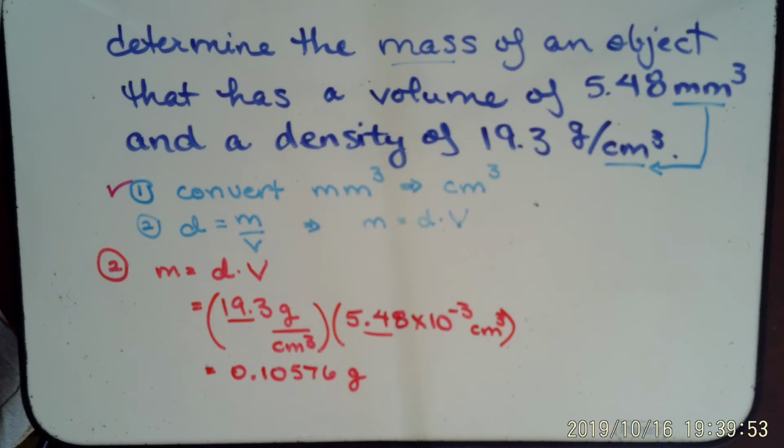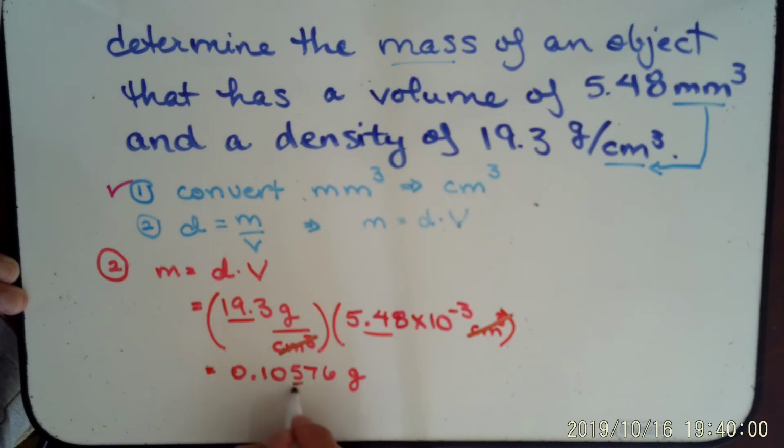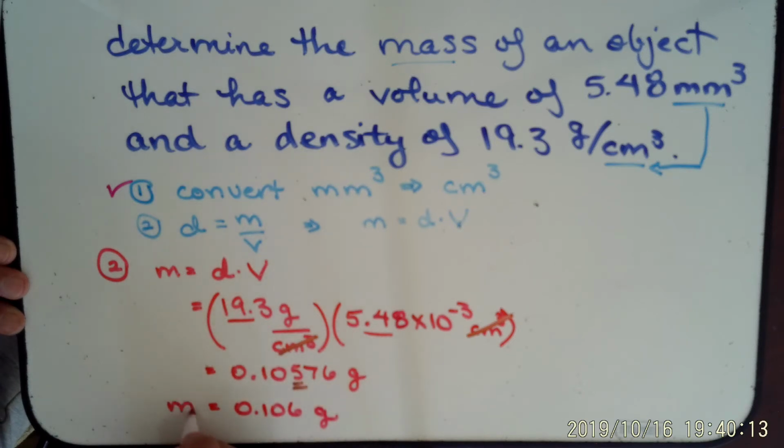My units here, cubic centimeters, cancel out. We know we want 3 significant figures. 7 is greater than 5, so we know we have to round up. 0.106 grams, and that will be our mass.